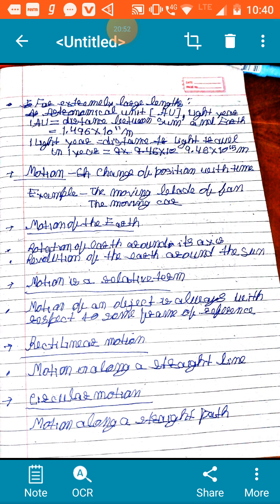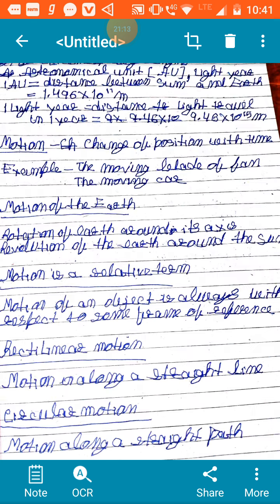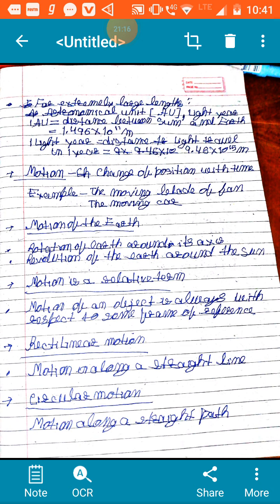Examples: moving tip of a pen, moving car, motion of earth, rotation of earth around its axis, and the revolution of the earth around the sun. Motion is a relative term. Motion of an object is always with respect to some point.